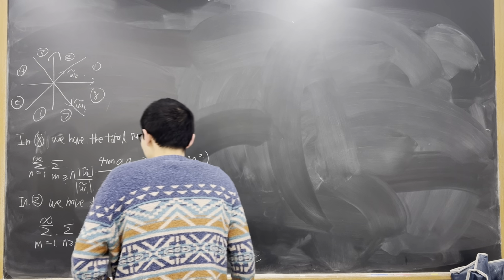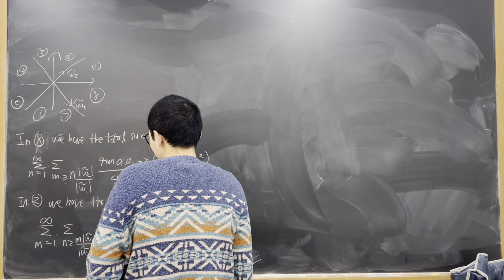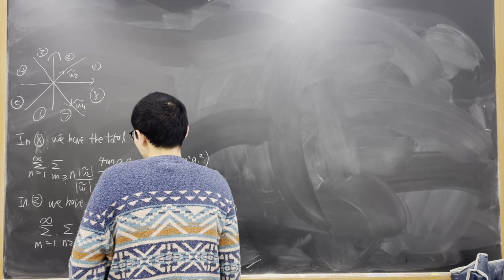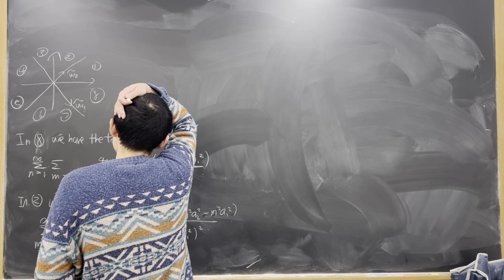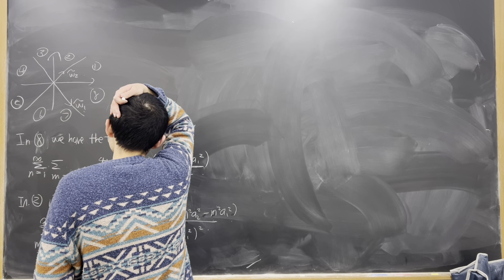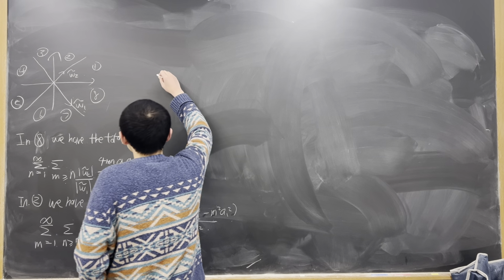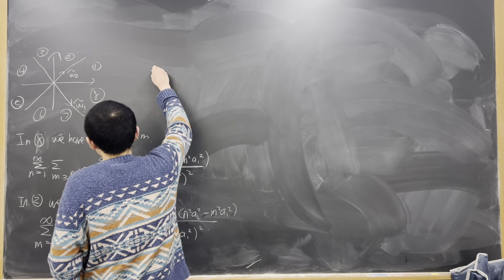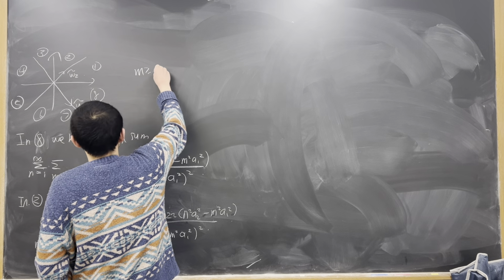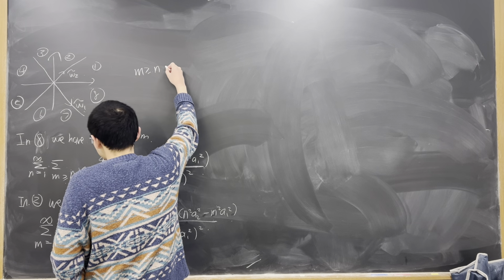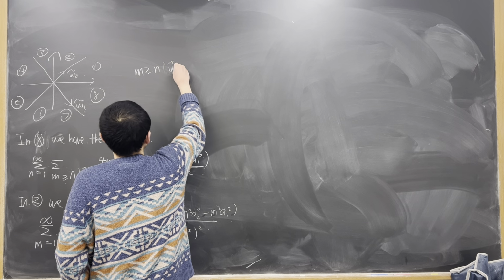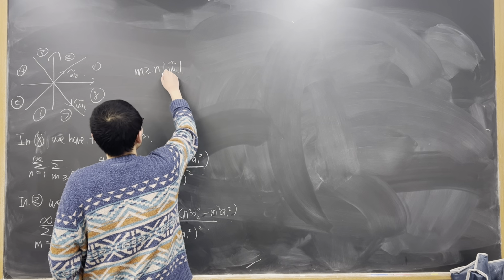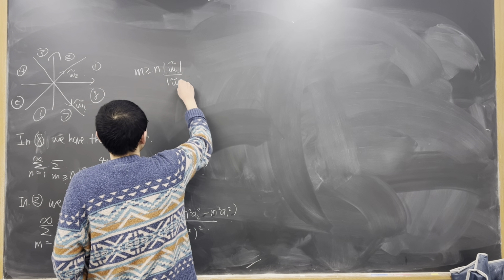So either we have m bigger than or equal to n times modulus of omega 2 over modulus of omega 1, right?